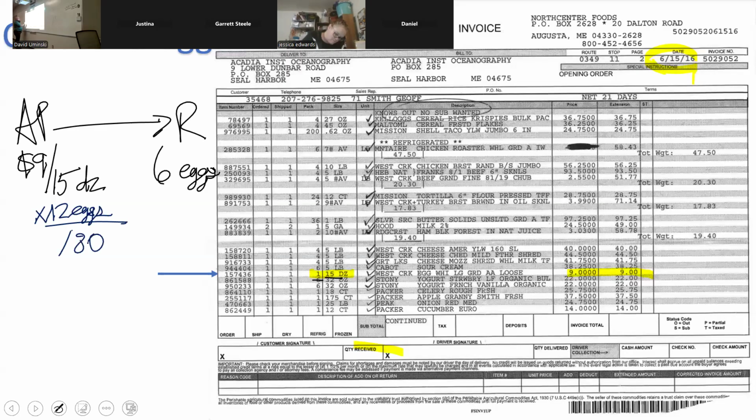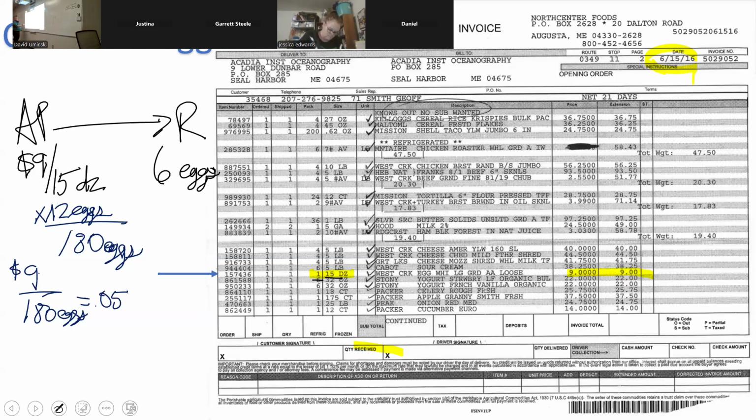Thank you. 180 eggs. Okay, and so $9 divided by 180. 0.05. So 5 cents an egg.